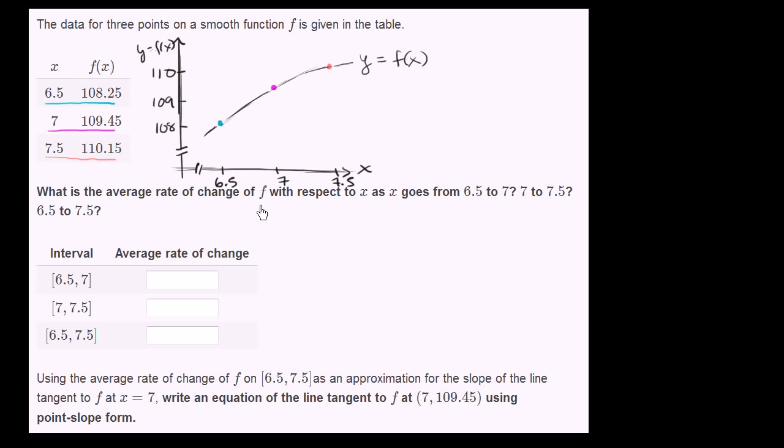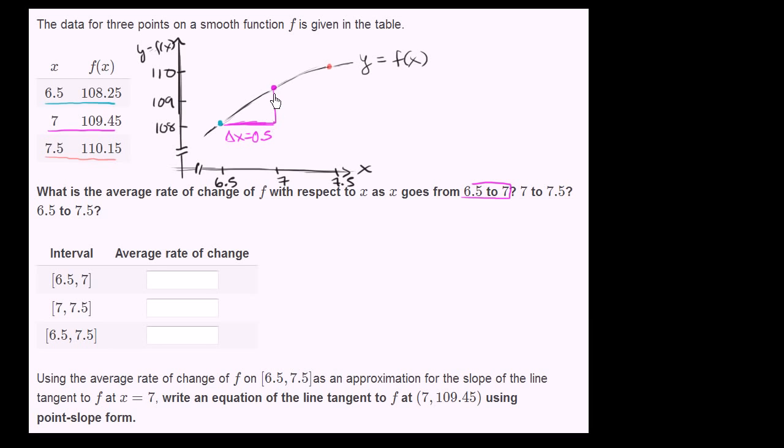What is the average rate of change of f with respect to x as x goes from 6.5 to 7, 7 to 7.5, and 6.5 to 7.5? So let's do them one at a time. 6.5 to 7. Our change in x here is 7 minus 6.5, which is equal to 0.5.